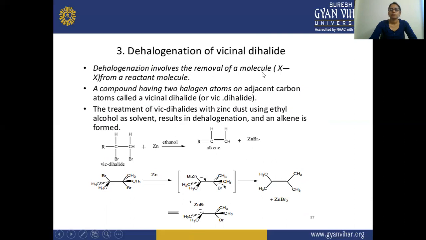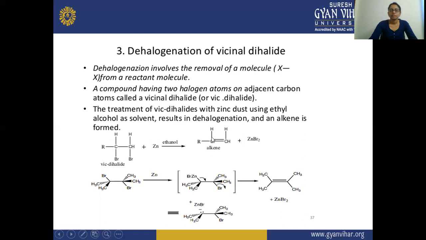Dehalogenation involves the removal of halogens from a reactant molecule. A compound having two halogen atoms on adjacent carbon atoms is called a vicinal dihalide.